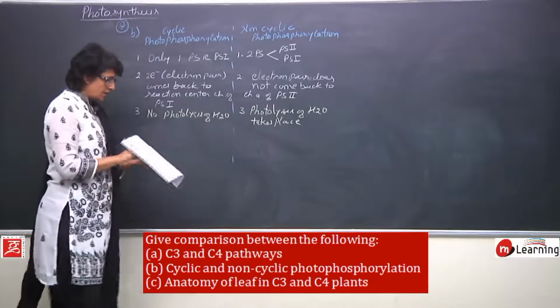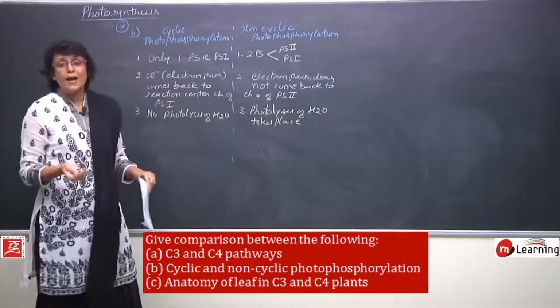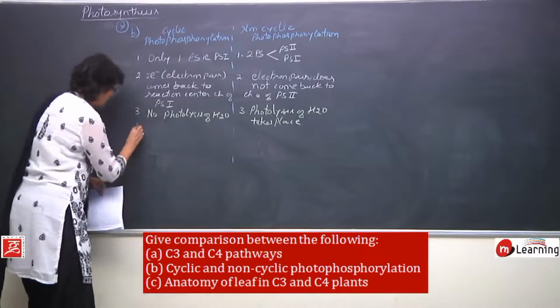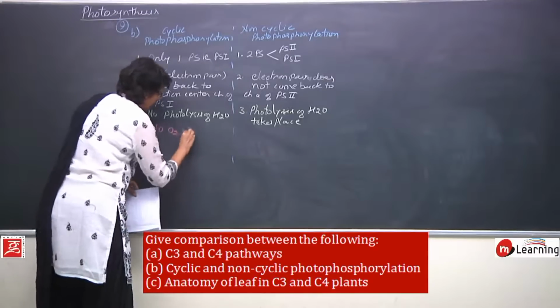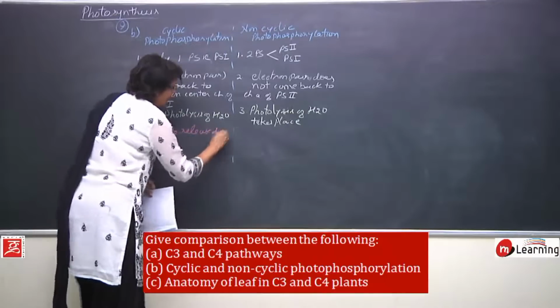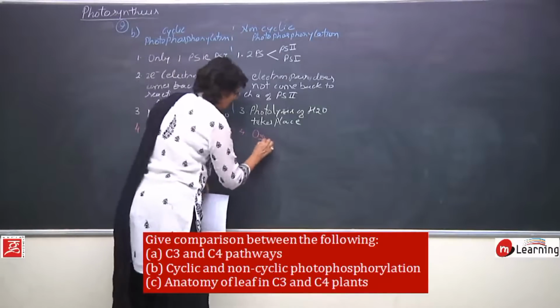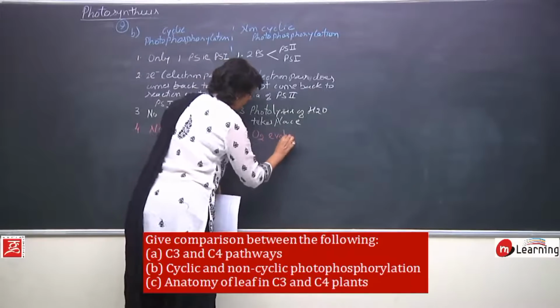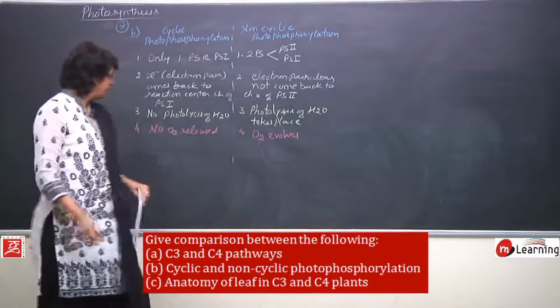If photolysis is not taking place, will oxygen be released, because it is a byproduct of this reaction? So, here no oxygen is released, whereas in case of non-cyclic, oxygen evolves as a byproduct.